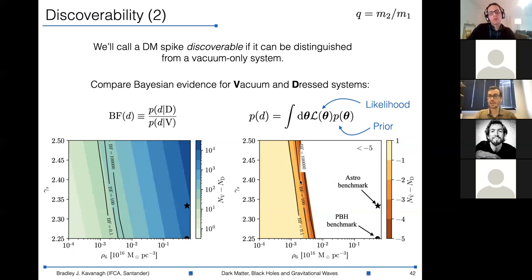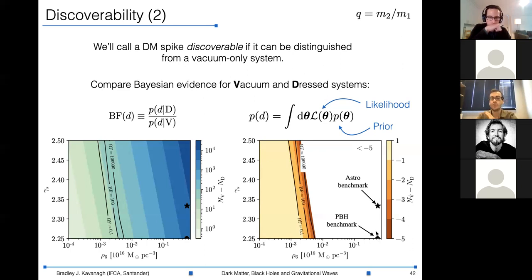And these black lines show the Bayes factor, this measure that we're using to determine whether we should prefer one model over the other. And we find that very, very quickly, you find huge Bayes factors in favor of this dark matter halo system. Okay, and the benchmarks that I've been talking about so far: a reasonable astrophysical benchmark would lie way over here, and this primordial black hole benchmark for the formation of the central black hole lies all the way over here.